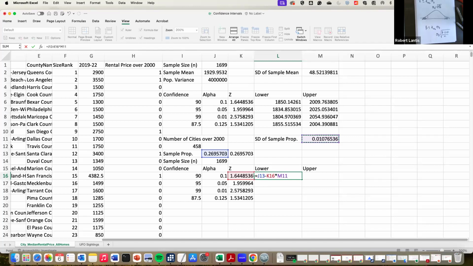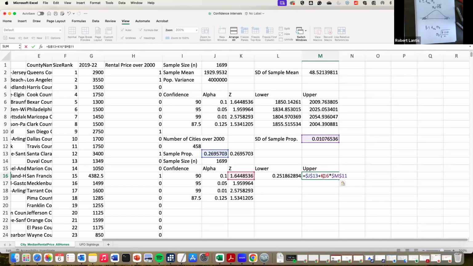As I copy this down, I don't want anything except this z-value to be updating. So Command T on a Mac, or F4 or function F4 on a PC, freezes both of those cell references. I'm now going to copy this, hit enter to get out of the cell, and paste it over here. Nothing should have changed. I have the exact same cell references.